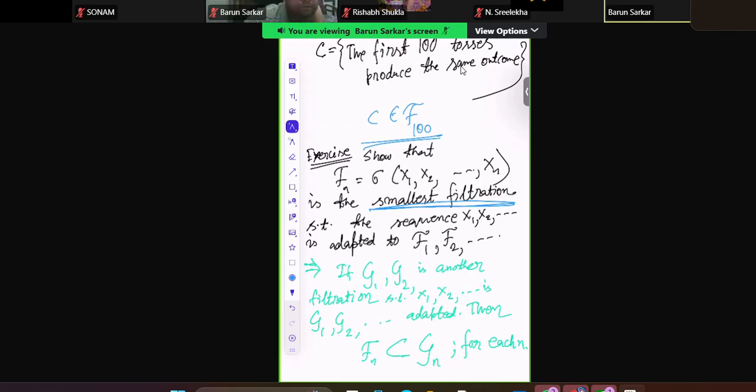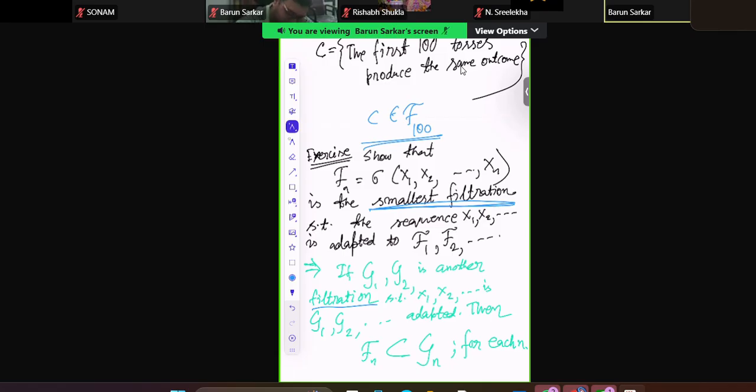Is it given that filtration? I just want to check. Yeah, so this is also another filtration such that this is adapted to this thing.